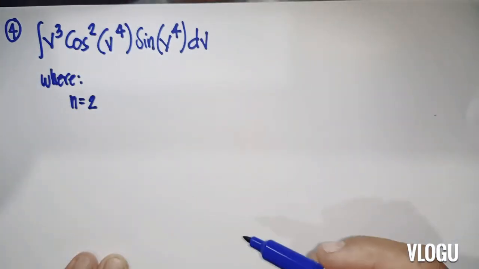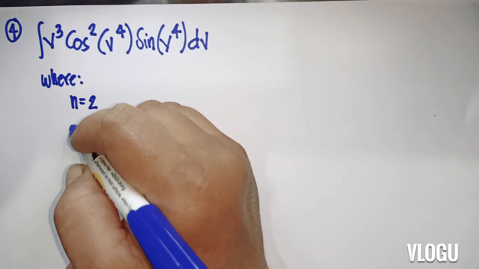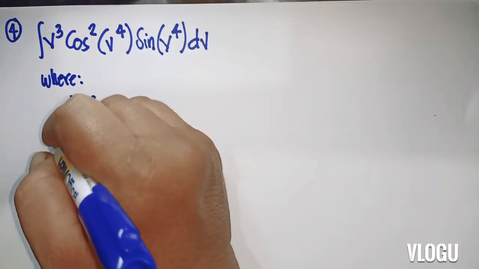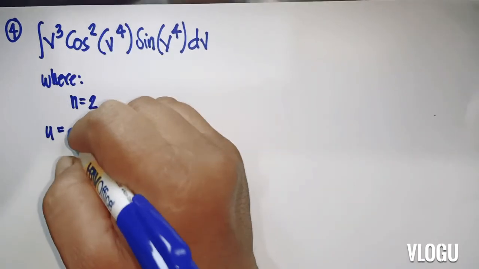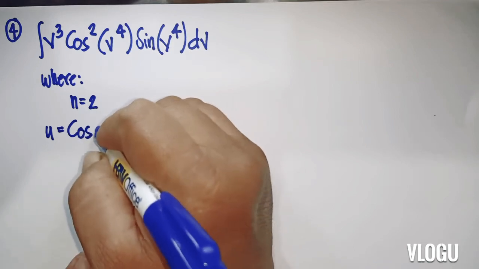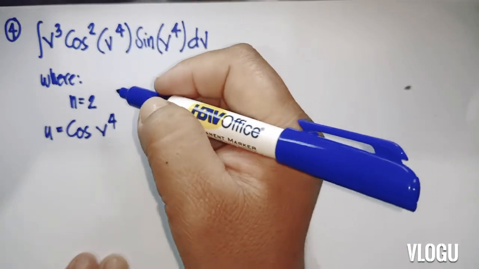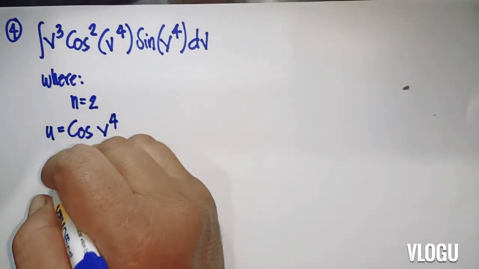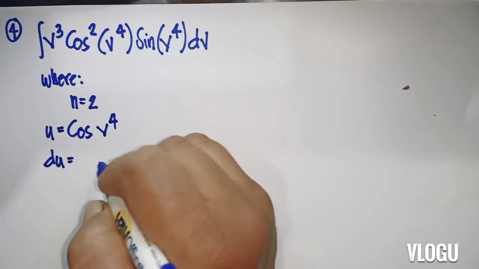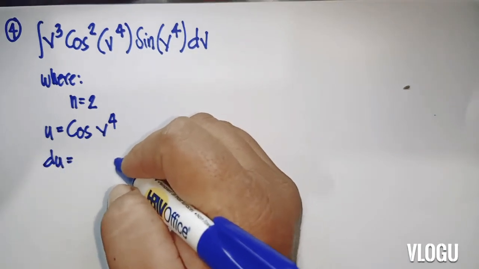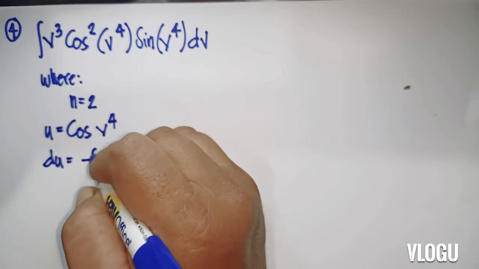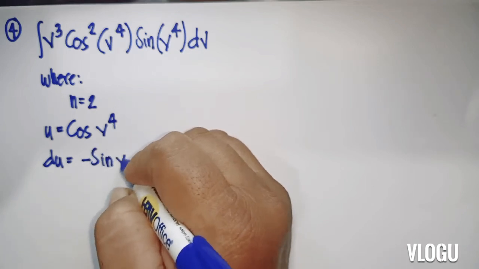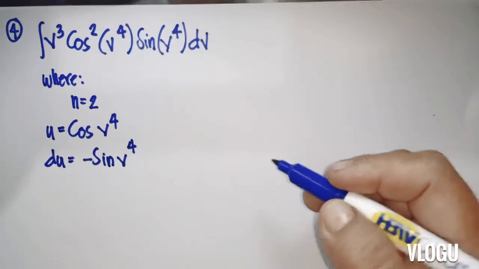Then our u is equal to cosine b to the fourth. So du, that is the derivative of cosine, is negative sine b to the fourth.